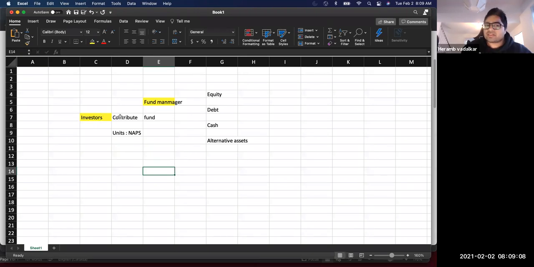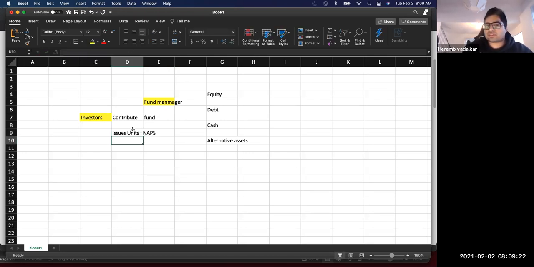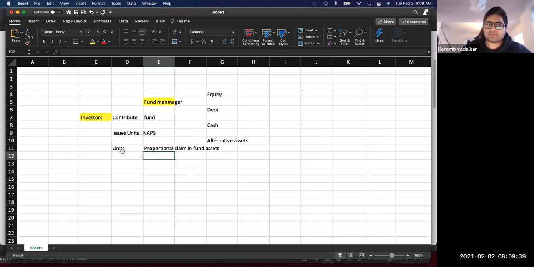When investors contribute money, the fund issues units against that contribution. What does this unit represent? This unit represents your proportional claim in fund assets.